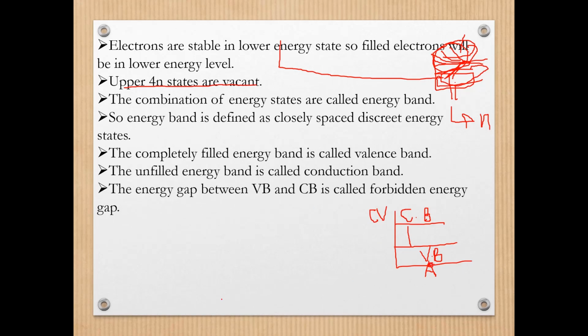This is the formation of the energy band diagram, and this gap is known as the forbidden energy gap, and this gap is distinct for distinct materials.